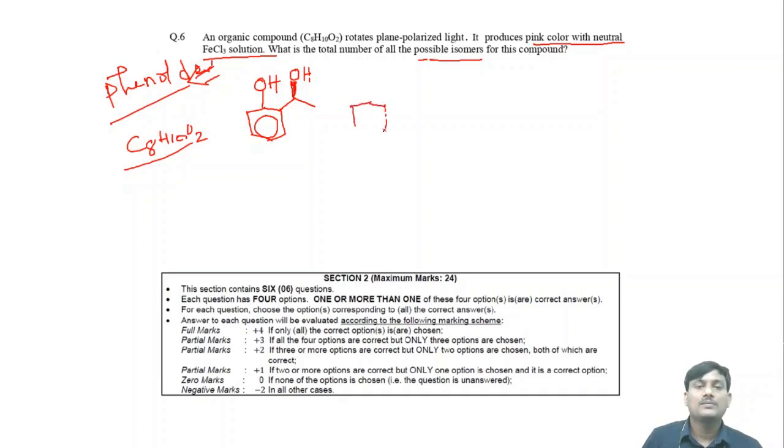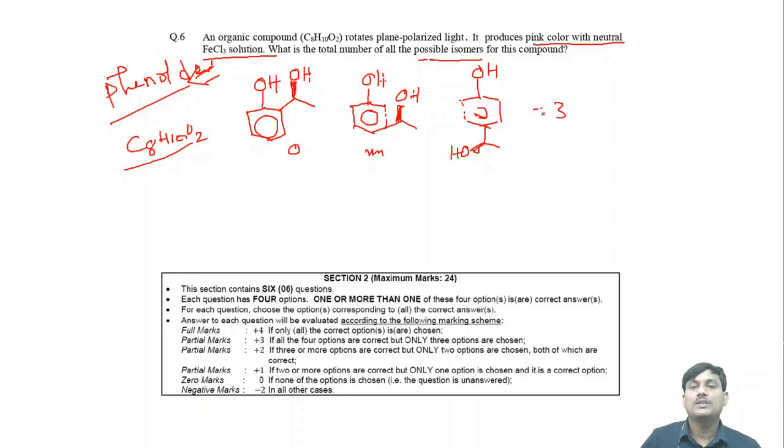Okay, another one, you can take positional isomer. This one is ortho, and the meta, meta, and also you can have para. So here there is an OH, and here you have 3.